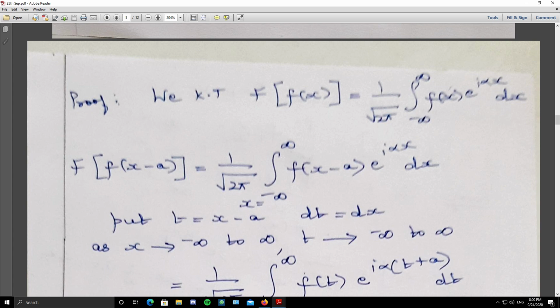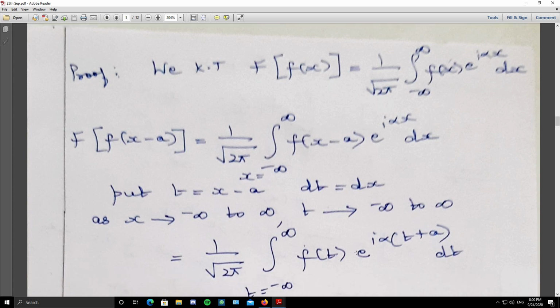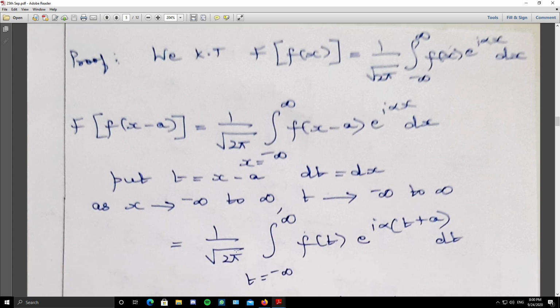So as x varies from minus infinity to infinity, t will also vary from minus infinity to infinity. So, in 1 by root of 2 pi, we are rewriting this integral in terms of t. Integral t equals minus infinity to infinity f of t e power i alpha times x. If t is x minus a, what is x? t plus a. So e power i alpha, t plus a. What is dx? dt.